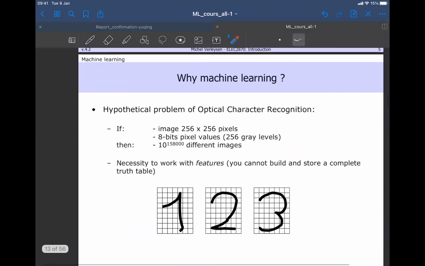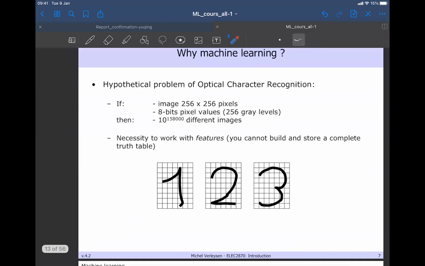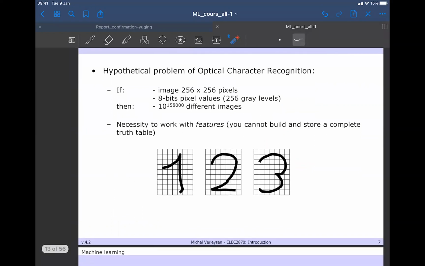Well, this is not easy to do because very often you have too many possibilities. Let's just take the example of an image that has 256 by 256 pixels. And for each pixel, you have an 8-bit image. So 8 bits means that you have 2 to the power of 8, which is 256 different gray levels. How many different images can you make?